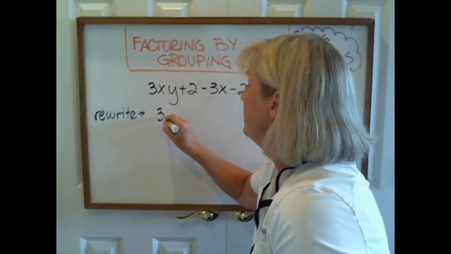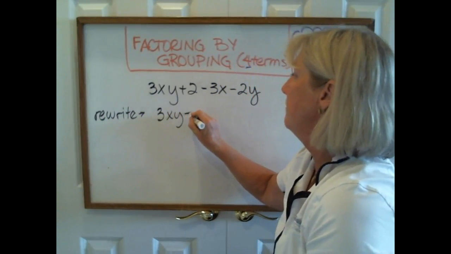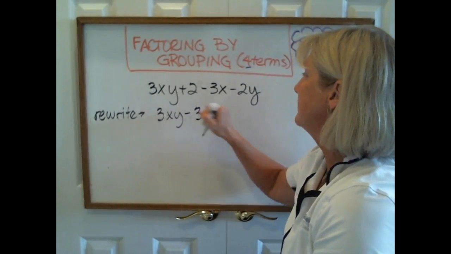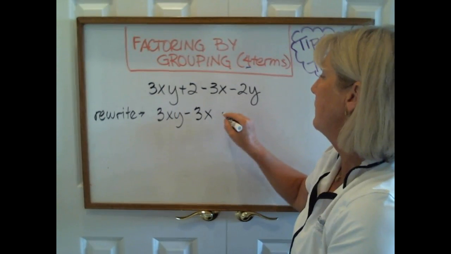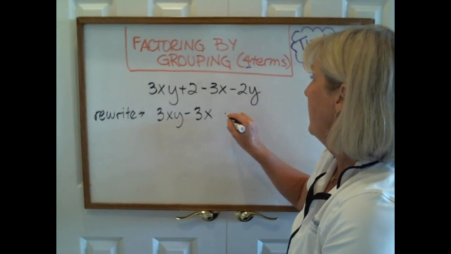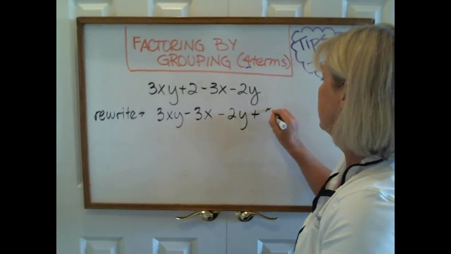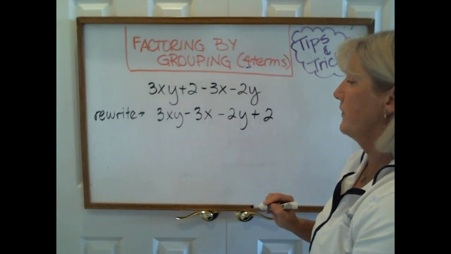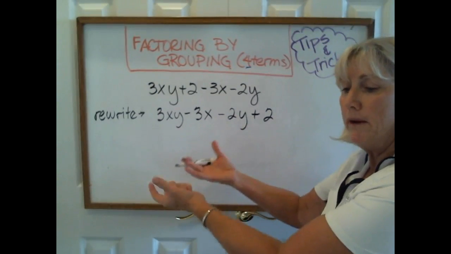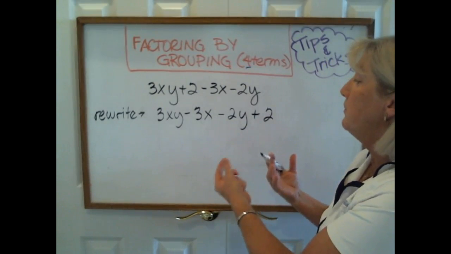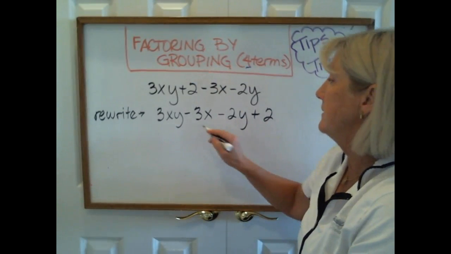It's going to be 3xy minus 3x. And these have a 2 in common. So I'm going to do minus 2y plus 2. So I rearrange it hoping that the leftover will be the same in both cases.